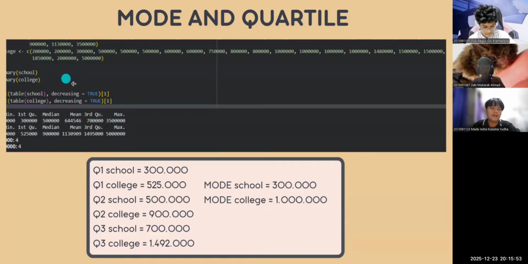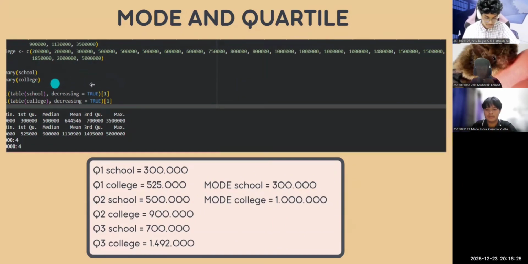Basically this is a simple way to find the quartiles. By running summary school and summary college, R automatically generates a table of statistics.